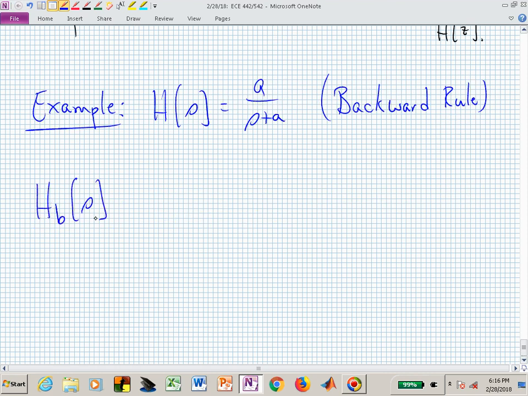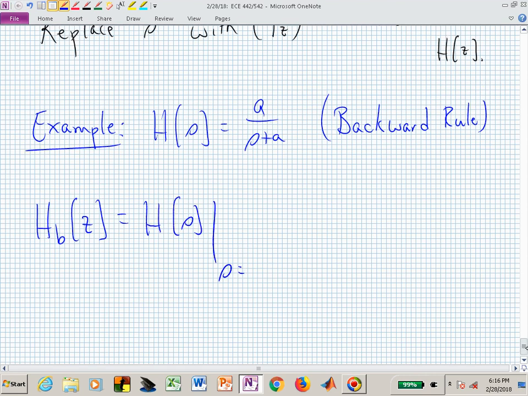We'll now use a subscript of B for the backward. Whoops, it's not H sub B of s, it's H sub B of z, is found from H of s when s is now replaced everywhere.